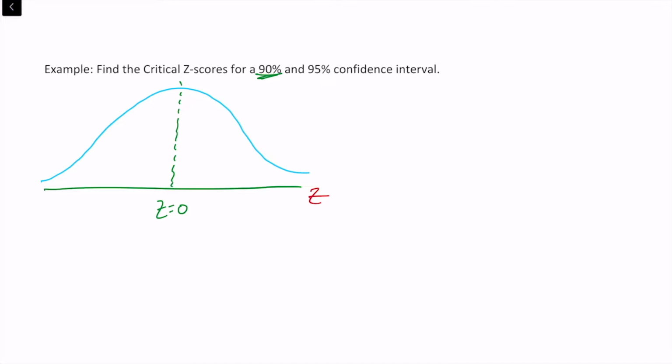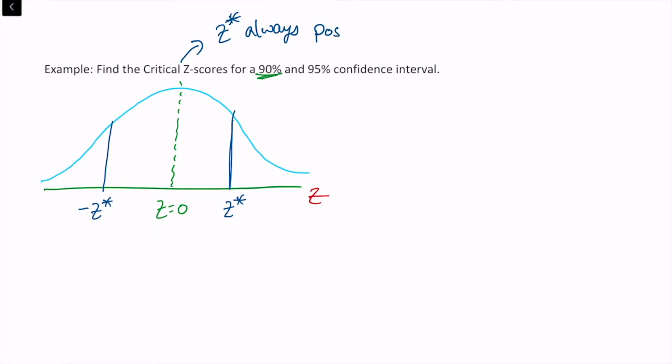We're going to have a critical Z-score both to the left and to the right of our center. They're going to be equal distance apart, and because of symmetry, the only difference between them is that the left one is going to be negative because it's to the left of Z equals 0, and the right one's going to be positive. But whenever we report the critical Z-score, Z star is always positive.